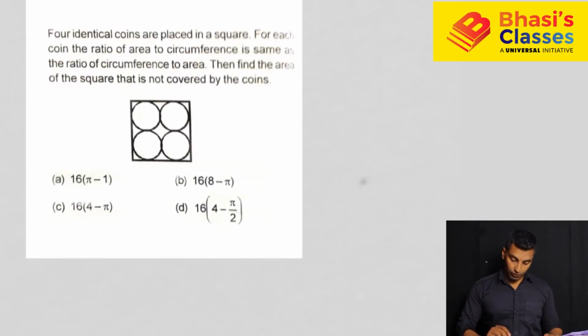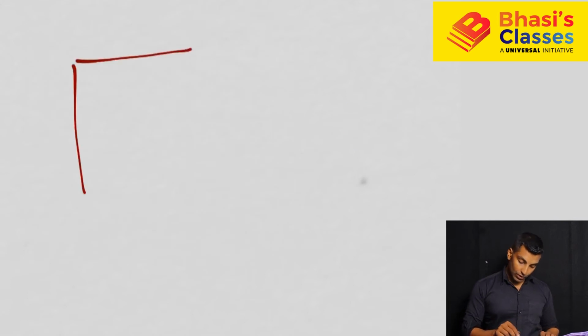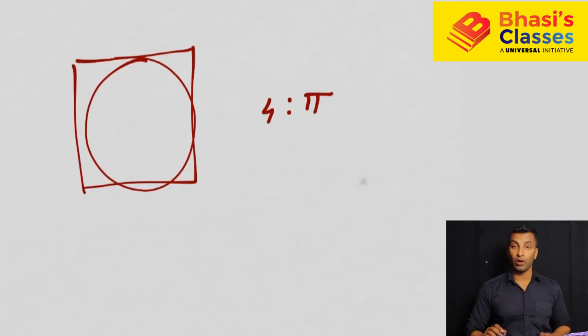Take a minute and solve this question. So how will you solve this? This is a 98 question. We have discussed this category of questions, right? You just need to remember this ratio. If you have a square and a circle inscribed in the square, the ratio will be 4 to pi always. Now, it can be placed in any way.